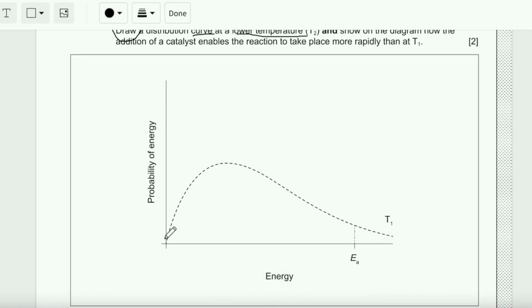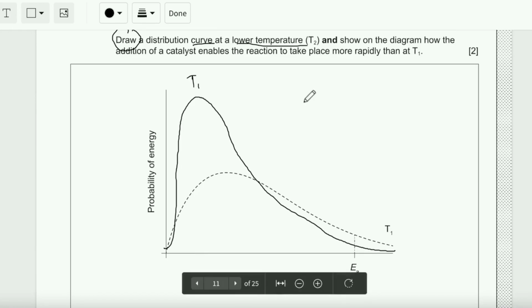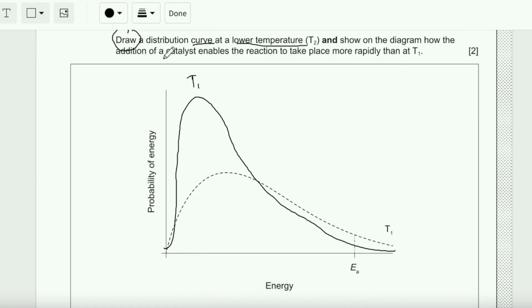So when it's lower temperature, it should be right here. It's T1 because more particles have lower energy. That's why it has a higher peak and is on the left side. And you also need to show on the diagram how the addition of a catalyst enables the reaction to take place.